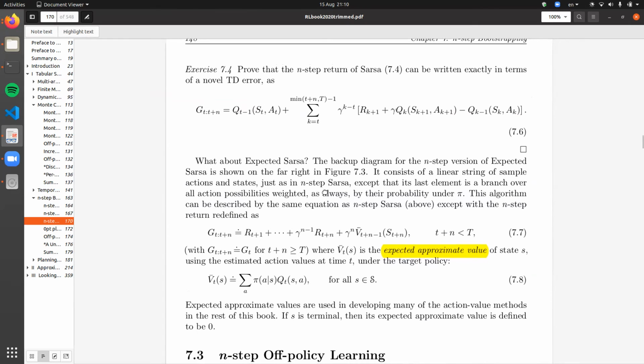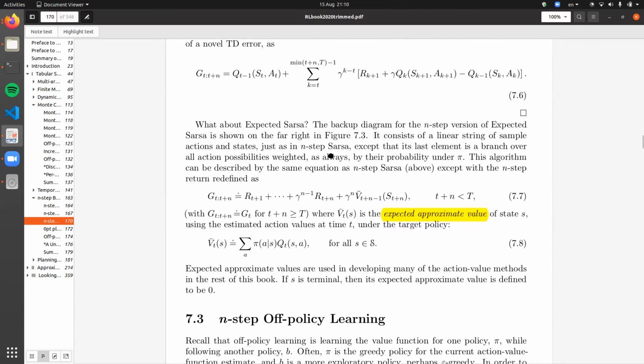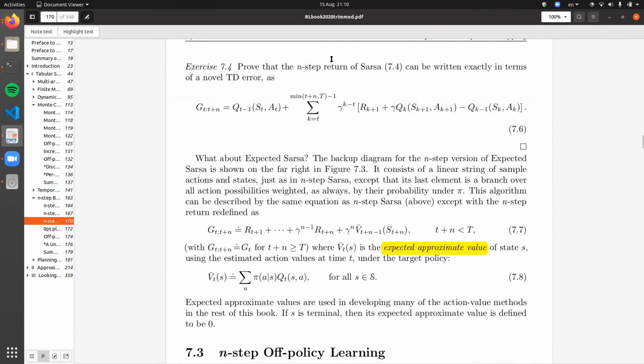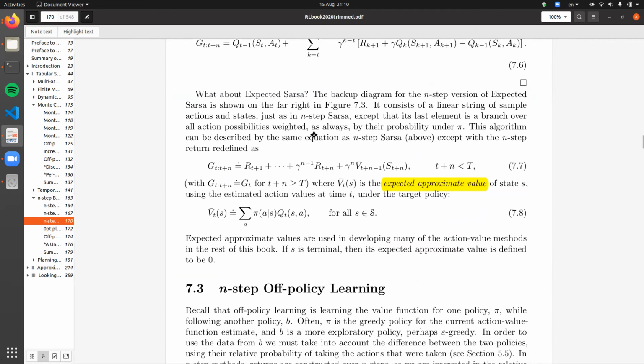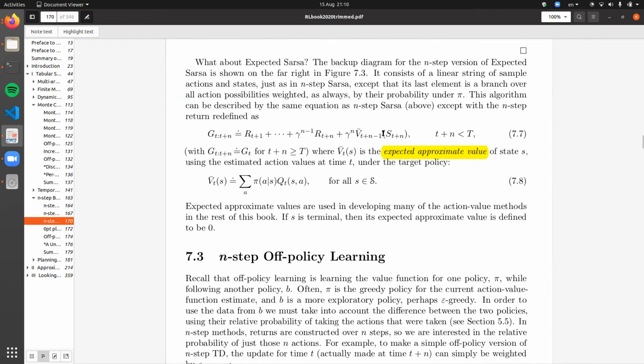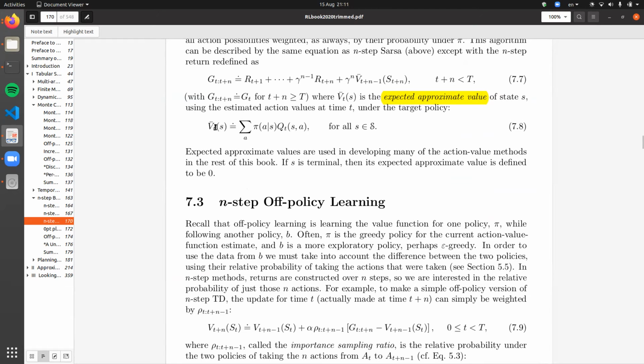You can substitute the values and refactor it and get the TD errors and define the expected returns in terms of TD errors. Okay, and yeah, we have already looked into this. The expected approximate value for a state action pair S and A under policy pi, right?